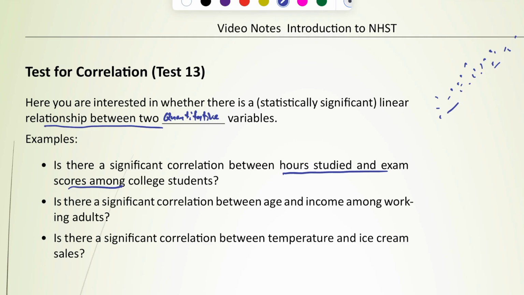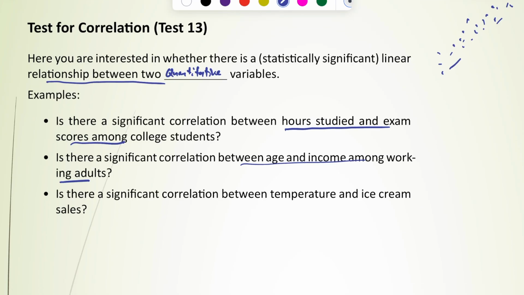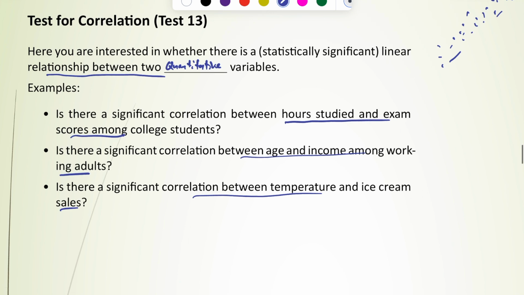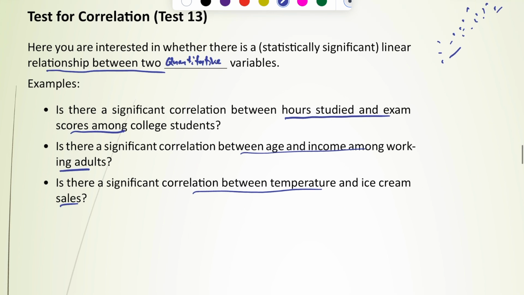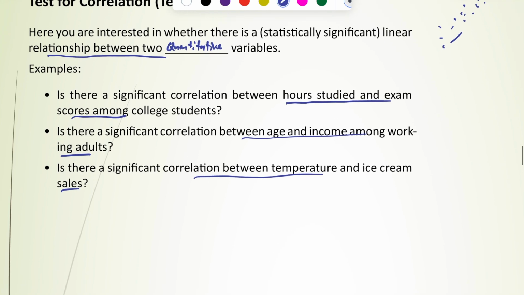Does one affect the other in a linear way, as a line? Is there a significant correlation between age and income among working adults? Okay, and is there a significant correlation between temperature and ice cream sales? So we'll be able to determine whether or not those things are true, or at least whether they have a linear correlation, by the end of Unit 3. So all of these here are Test 13.